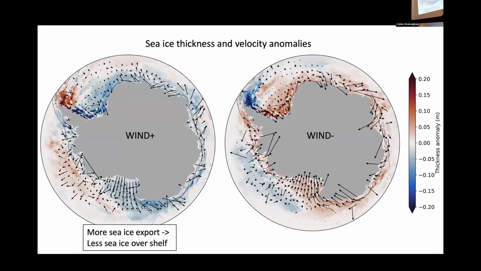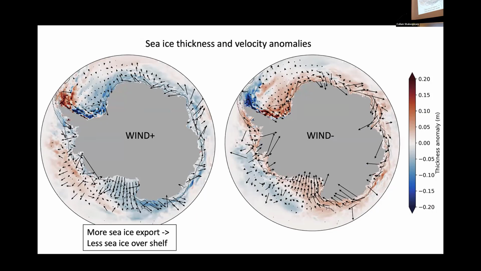If we look at what the sea ice is doing, the colours here are showing the change in the thickness of the sea ice. As we increase the winds, we get a largely decrease in the thickness of the sea ice close to the coast, and the opposite as we decrease the winds. The arrows here are showing the sea ice velocities, indicating the export of sea ice.